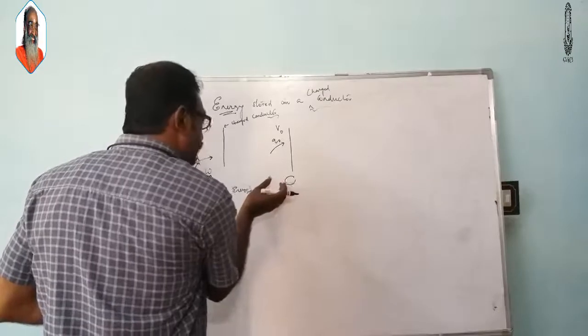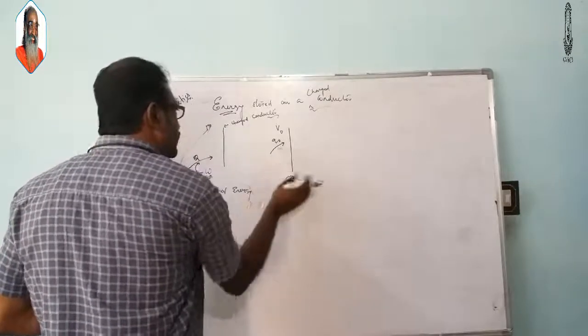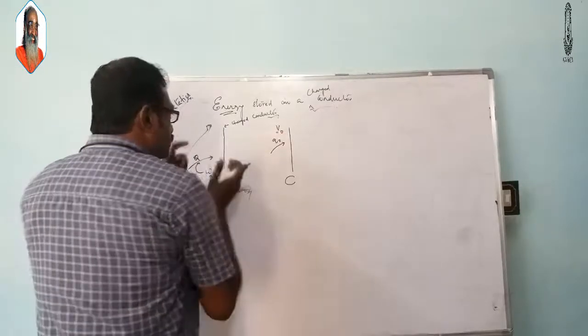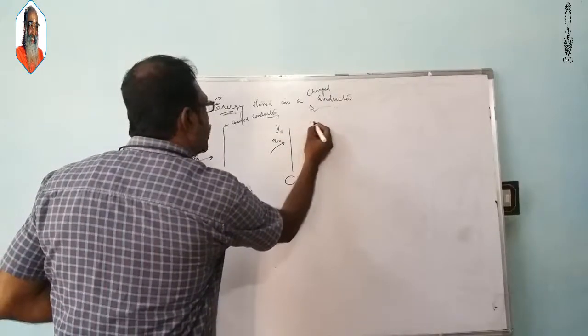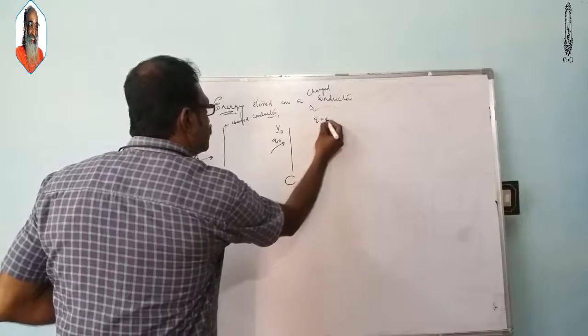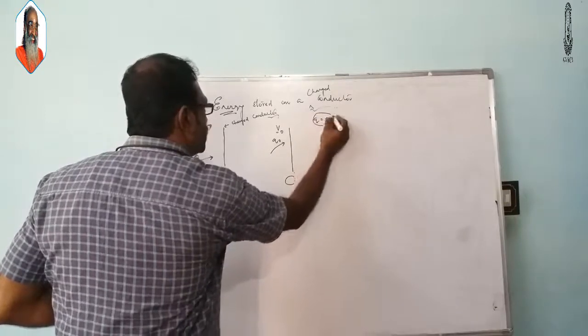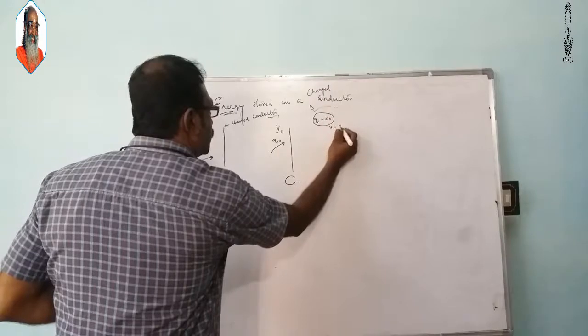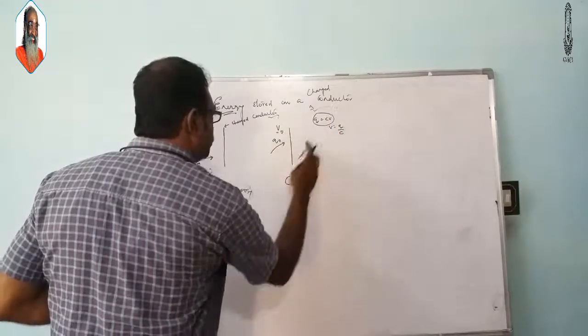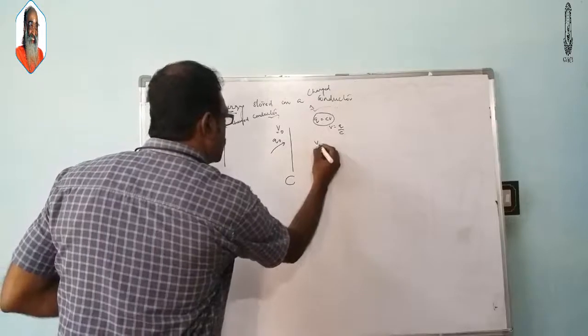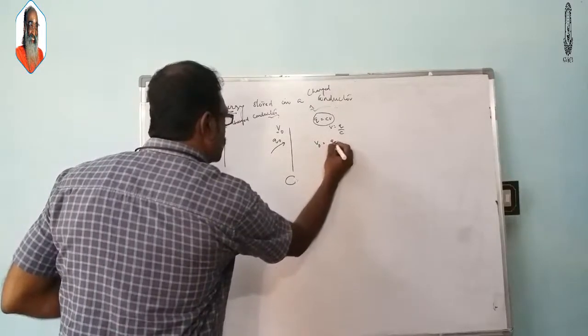For a conductor whose capacitance is C, to raise its potential to V naught, we charge it to Q naught. From the expression Q is equal to CV, we are already keeping this in mind, V is equal to Q by C. So we can write the expression using V naught, Q naught and C: V naught is equal to Q naught by C.